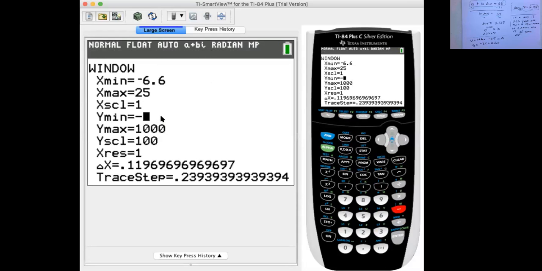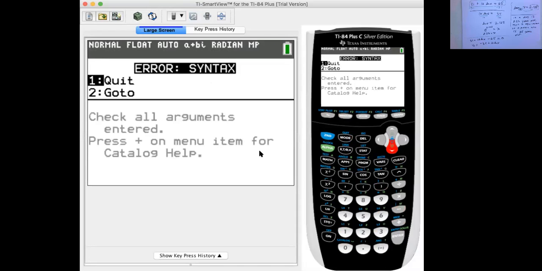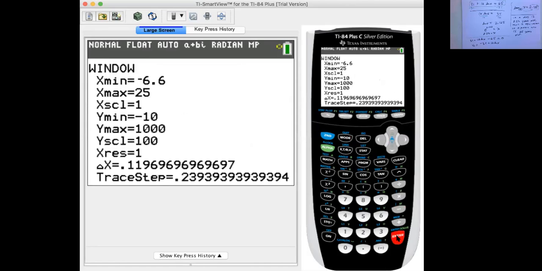Maybe negative 10 to 100. Whoops, don't like that. Probably used the wrong negative sign. Yep, I sure did. Negative 10 to 100 by 10. Let's see if that's a decent window.